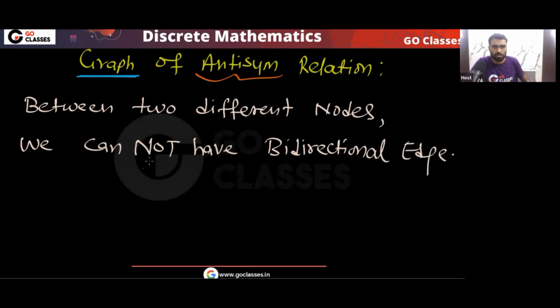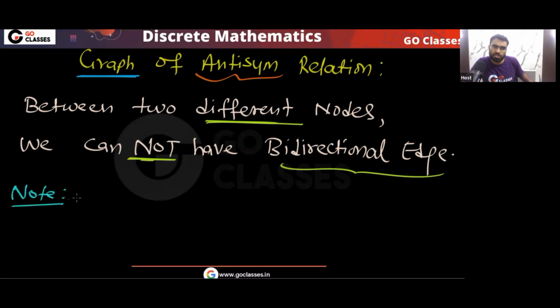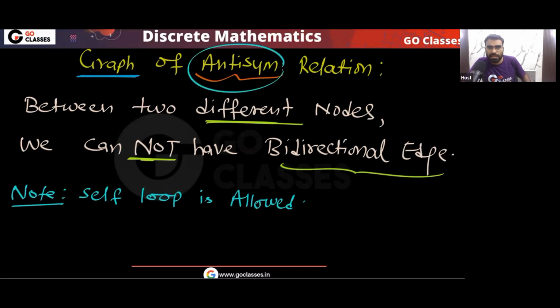If you have two different nodes, then between them you cannot have a bidirectional edge. Remember, self loop is allowed. Yes or no? One thing to remember: the anti-symmetric relation only cares about different elements.